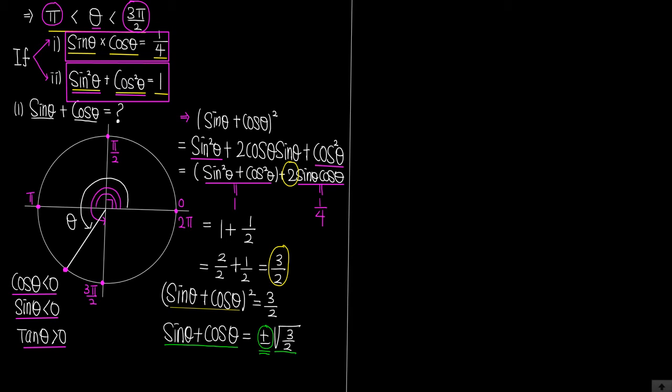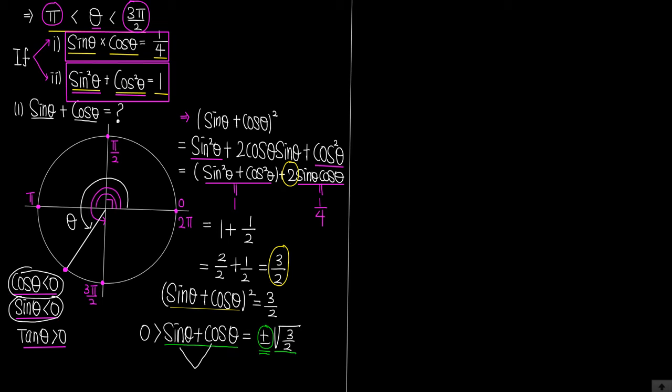But we already know that cosine theta is negative and sine theta is also negative. When you add those two values that are both negative, you will always get a value that is less than 0.